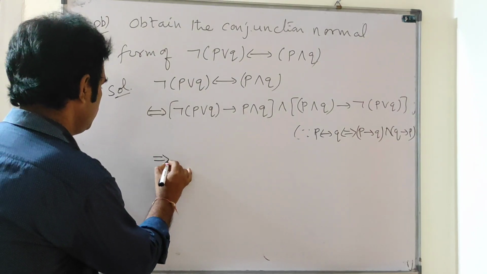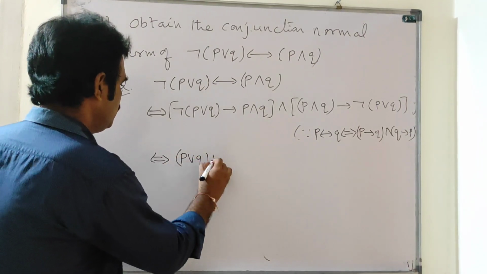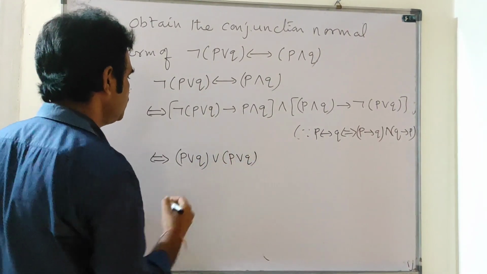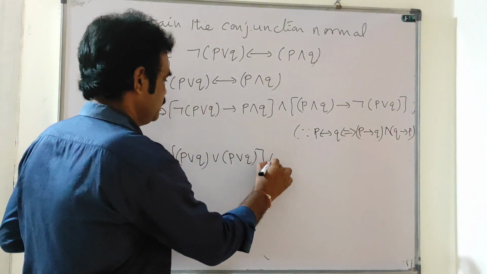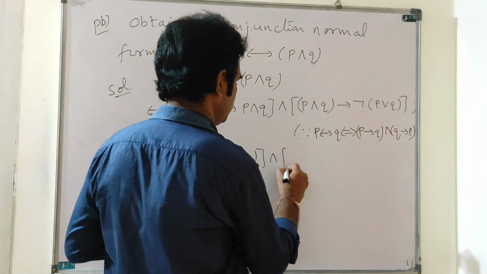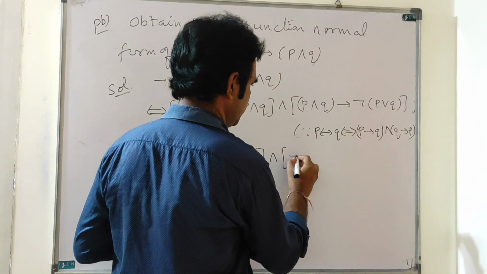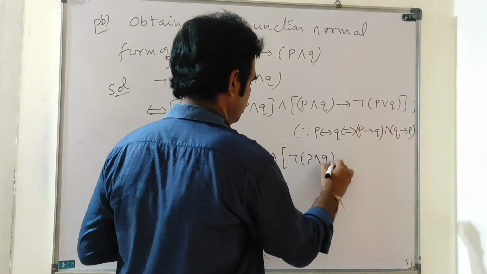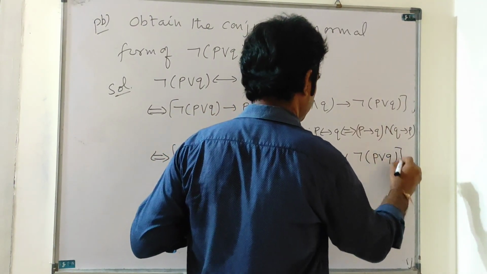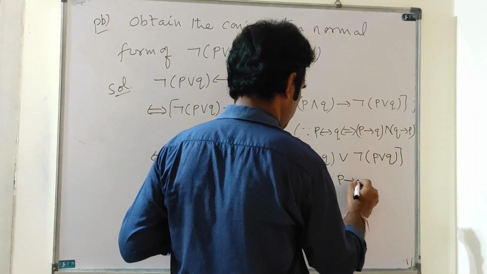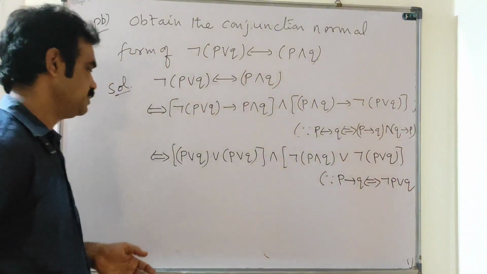This is equivalent to P or Q or P and Q. Since P implies Q is equivalent to negation P or Q. And now again using the same formula, this is negation of P and Q or negation of P or Q. This is the reason, since P implies Q is equivalent to negation P or Q, right?